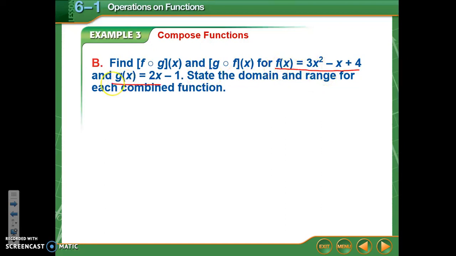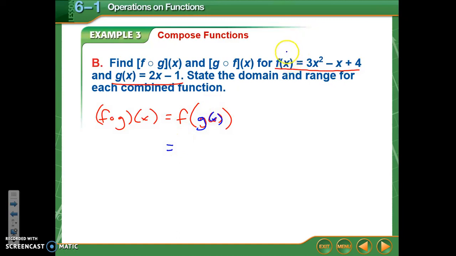Okay, now we're going to see what this looks like when we do the whole function at once instead of just individual ordered pairs. So we're going to start with f of g of x. Sometimes it helps me to think about it with the other notation. I'm going to write over this with a different color, because really what this means is that into f, I'm plugging g of x, right?